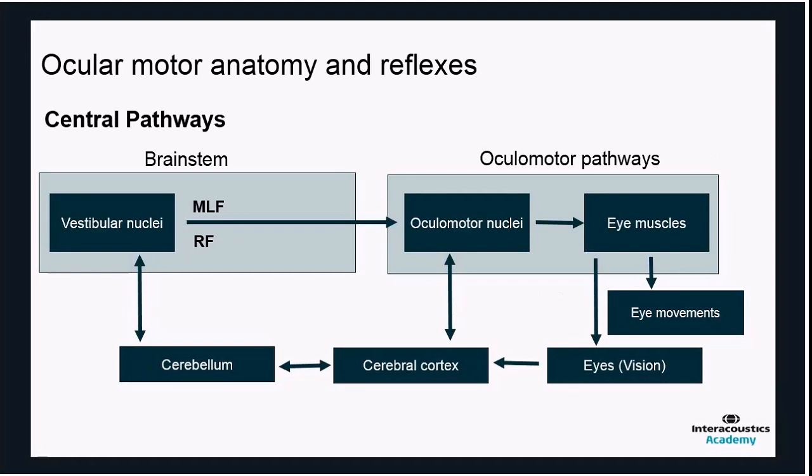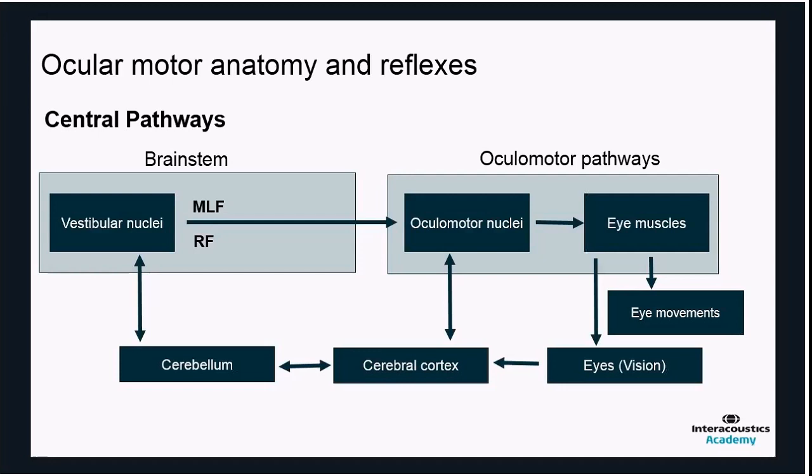Whilst it's not key to have a very definitive understanding of where these lesions may be present, understanding where some of the changes in the eye movements that we see initiate from certainly allows us to have a better understanding of some of the symptoms that our patients may report. And also it's of clinical importance when we then go on and look at eye movements further into the VNG test battery.